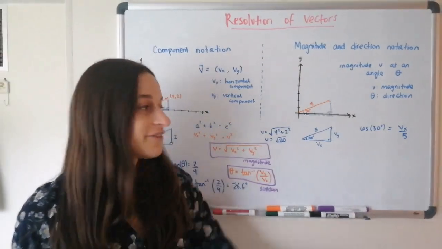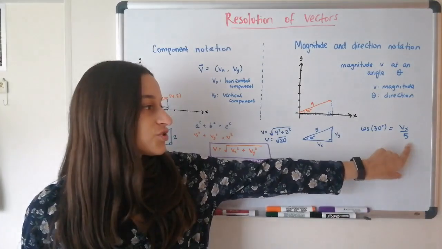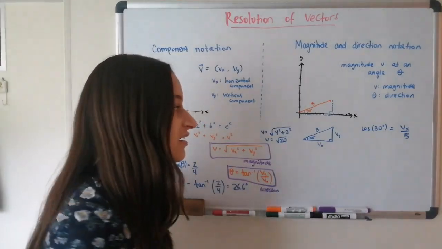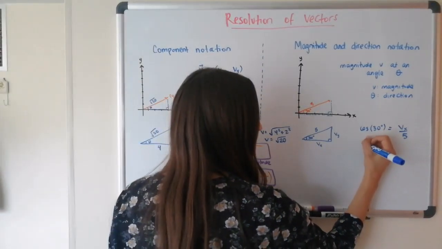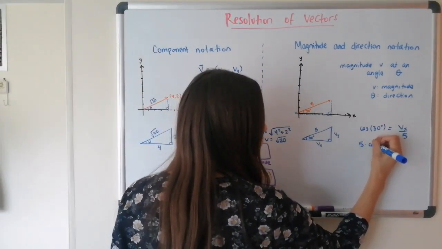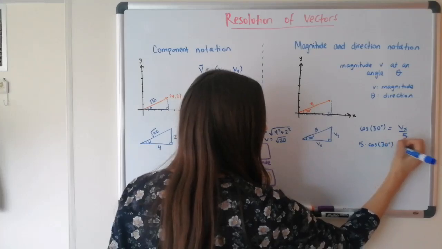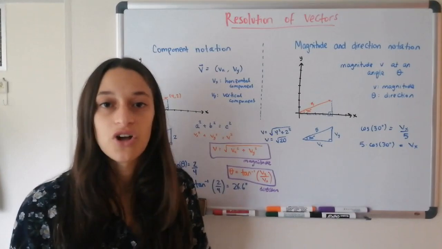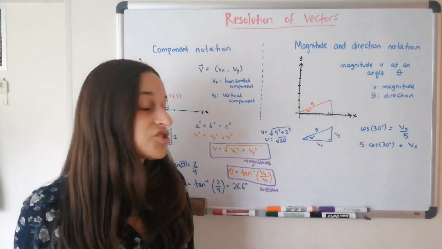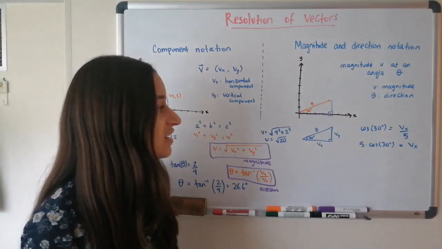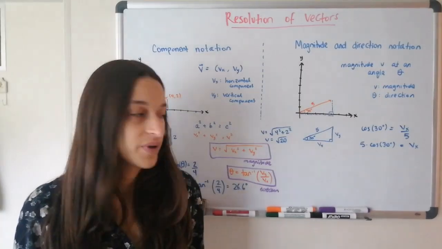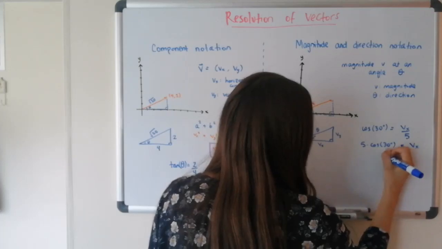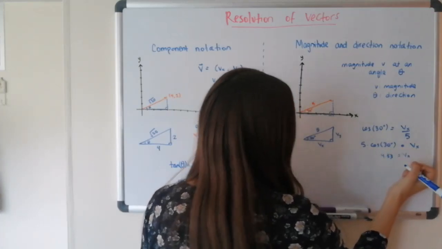So if we wanted to find Vx, we would have to solve by taking this 5 to multiply to the other side because it's dividing. So we get 5 times cosine of 30 is equal to Vx. This is something that we can put in our calculator. 5 times cosine of 30 is just a number. In this case, it is 4.33.